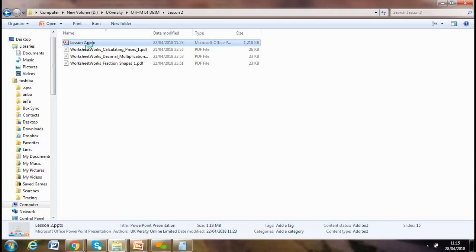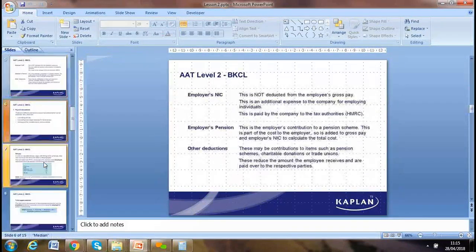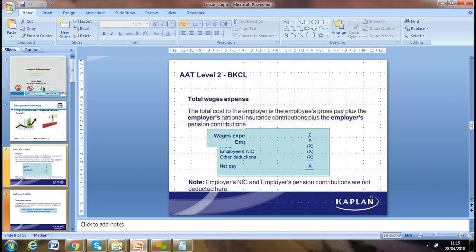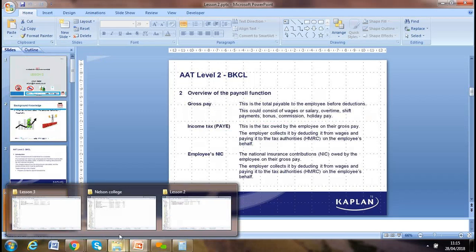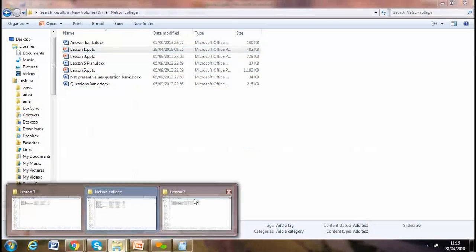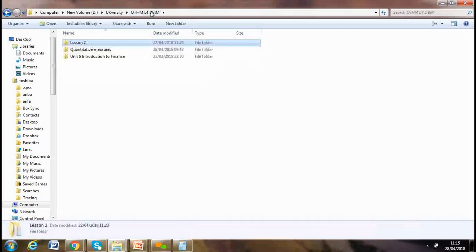It was the relation of one component with multiple components. For example, the profit expense ratio and gross profit net profit ratio, something like that.